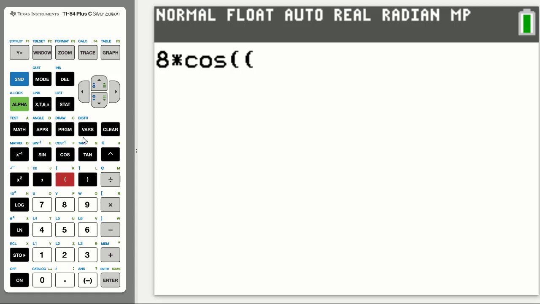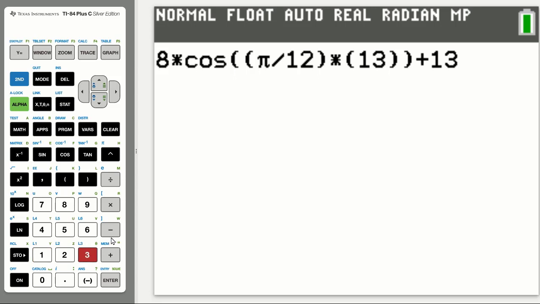In parentheses, we have pi over 12. That's how I can group pi over 12 as one fraction and multiply with 13, the value substituted for t. We close our parentheses for cosine and we add 13. And I already changed the setting to run the cosine value in radians.